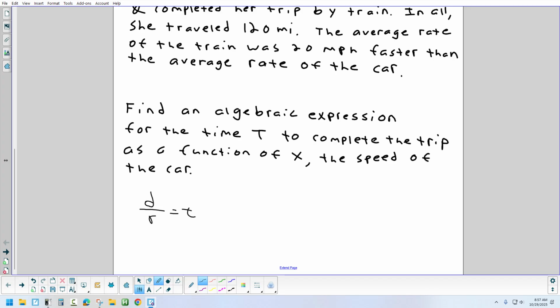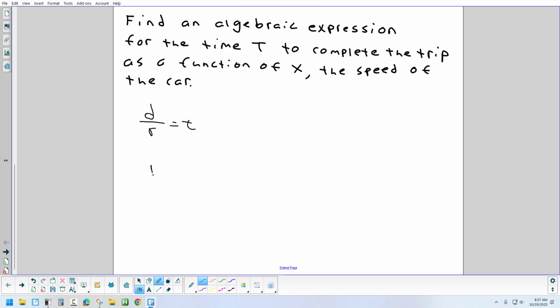Yeah, we're going to add them together. So the big idea is the total time to complete the trip. It's going to be the time that we're in the car plus the time that we're on the train.